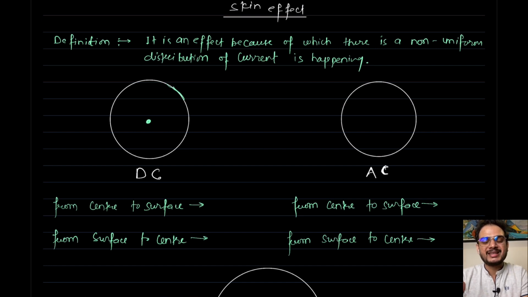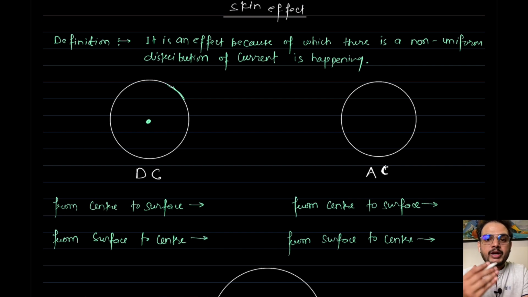Non-uniformity in current density across the cross section area of the conductor means that at some point my current will be maximum, and at some point my current will be minimum, and in between there will be non-uniformity.